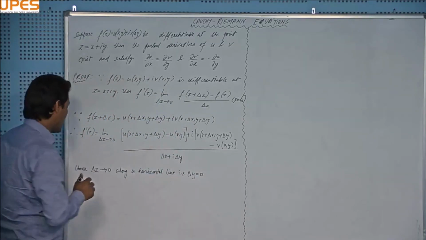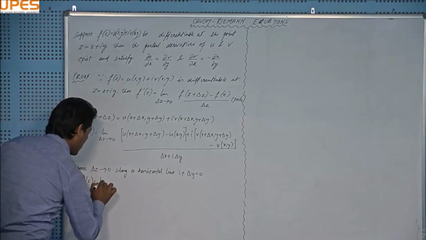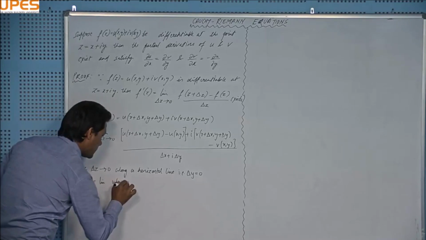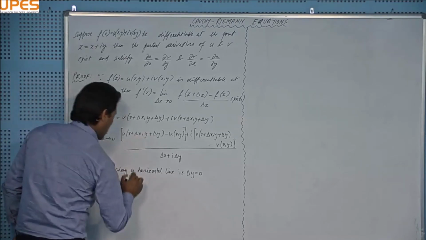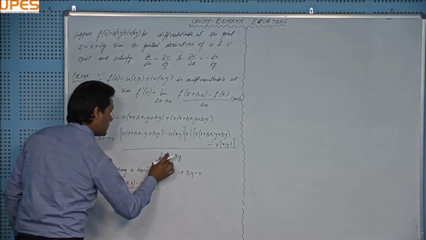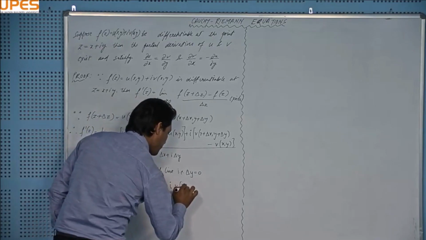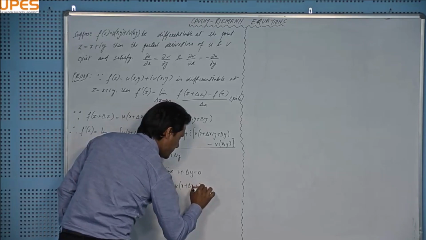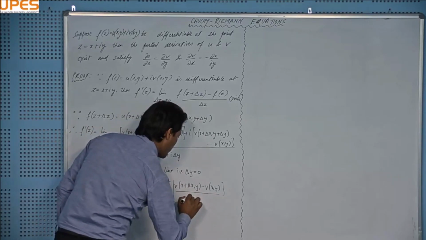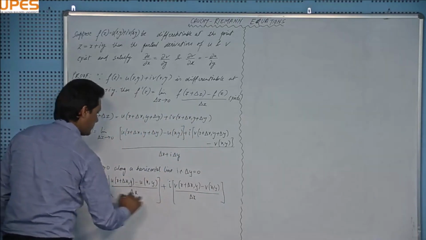And plugging this delta y equal to 0 here, I will get f dash z equal to limit, this will become u(x plus delta x, y) minus u(x, y) over delta x, plus iota times v(x plus delta x, y) minus v(x, y) over delta x.